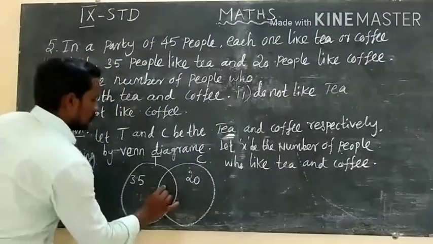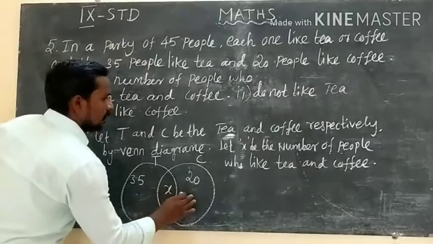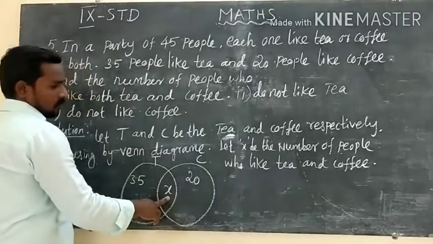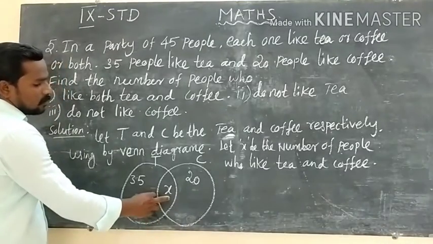That means this is the number of people who like tea and coffee, that means the common portion. So X. Okay. So now we get this place value.